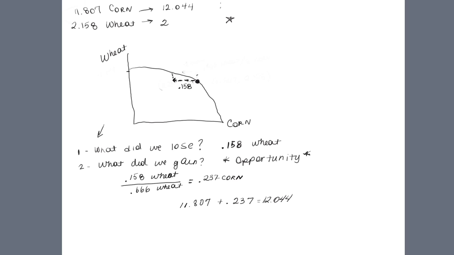Well, this new production point happened to be exactly the point that the economist of our country got us to. It's 12.0442. So this point is also feasible and efficient. We added just enough to stay on our production possibility frontier.